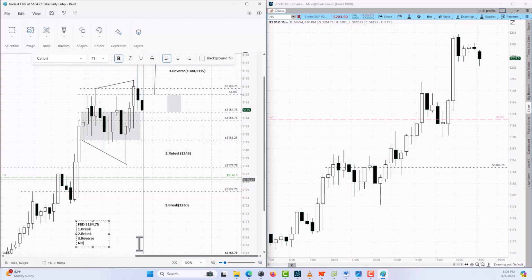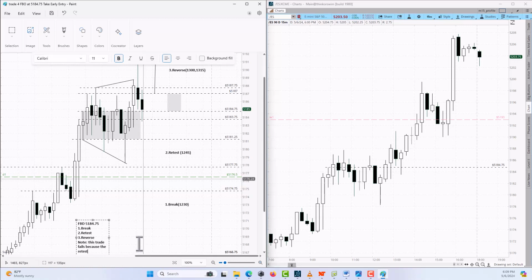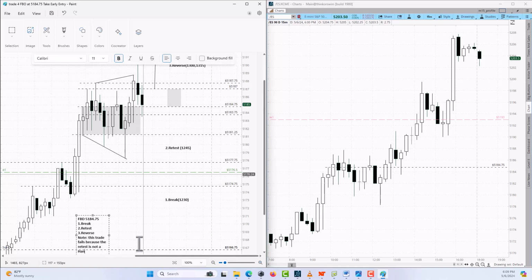Notice that this trade failed because the retest is not a doji, a hanging doji for that matter.